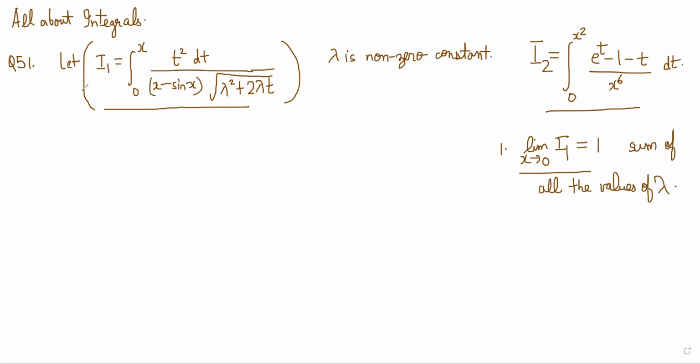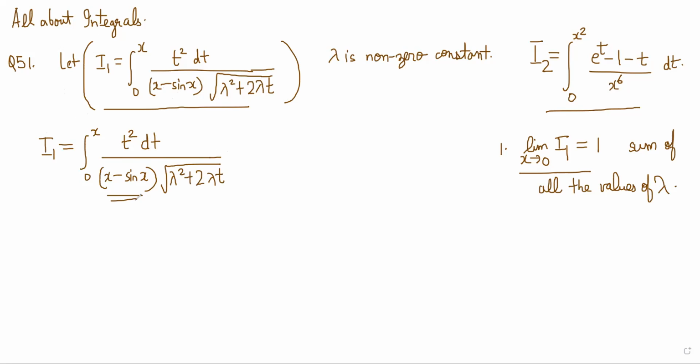Now, let's try to think about this integral carefully. If you notice, there is integral over the variable t, t square dt by root over lambda square plus 2 lambda t. The x minus sine x is not being integrated because x is a different variable from t. So all you have to do is take out the x minus sine x because it's a constant as far as the integration is concerned.